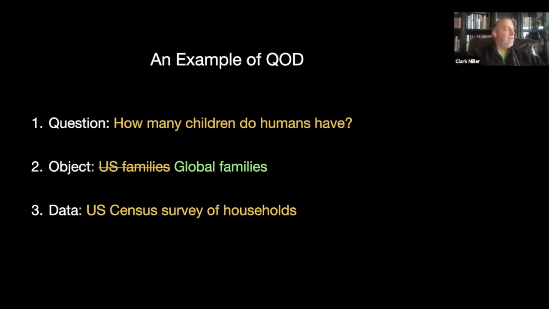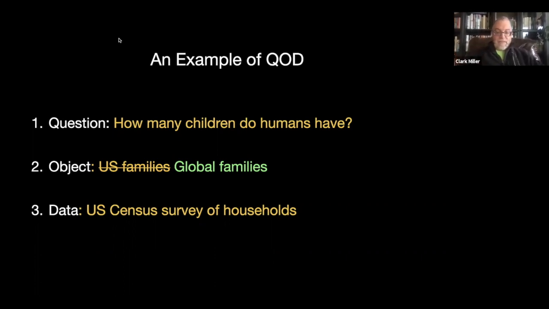But suppose that we then said, well, yeah, but U.S. households are U.S. households. And maybe there's something about U.S. households or U.S. families that's different from others. So maybe we should ask this question in general about all families. So we say, what if our object is global families, right? That would give us a different answer, potentially at least, to this question about how many children humans have.